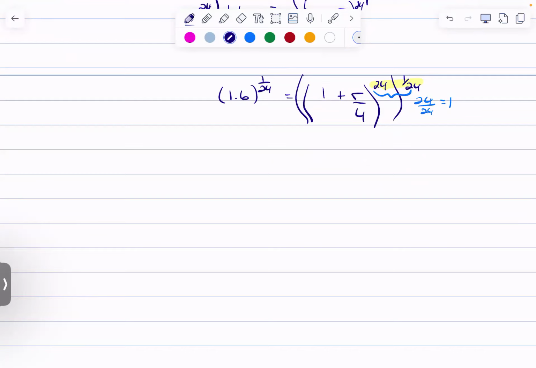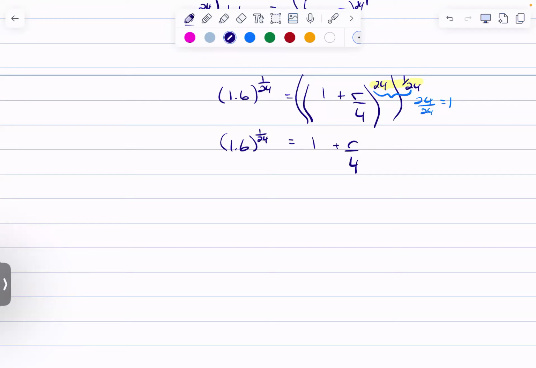Just make sure that you keep your 1 over 24 in the exponent, so you want to use brackets. 1.6 to the 1 over 24 is 1 plus r over 4. We're so close to unearthing that r.